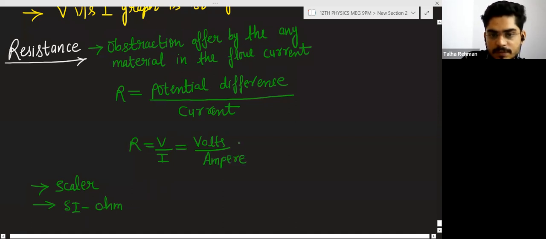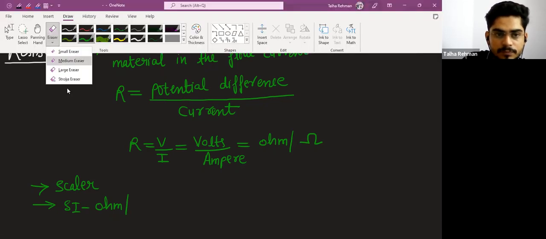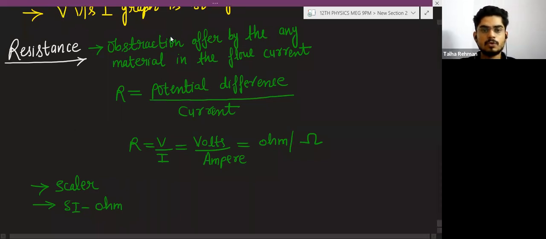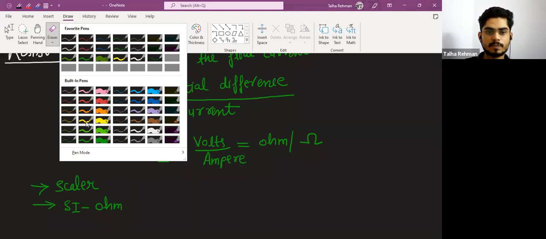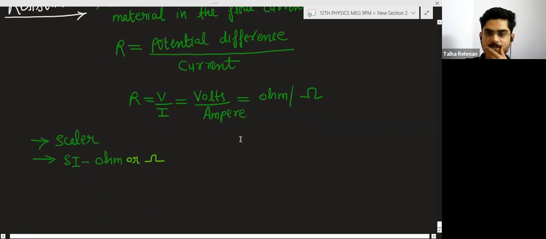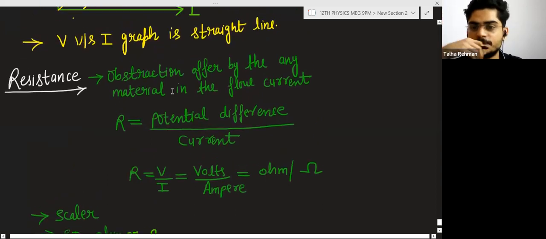Volt per ampere is ohm, or this ohm is sometimes represented like this. This is the symbol of ohm. Okay, so resistance is the obstruction offered by any material in the flow of current.